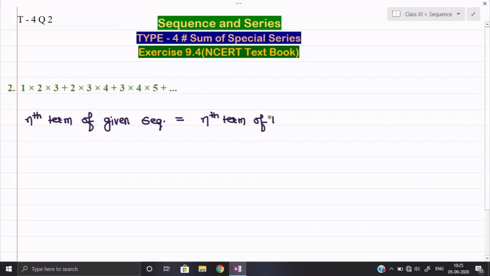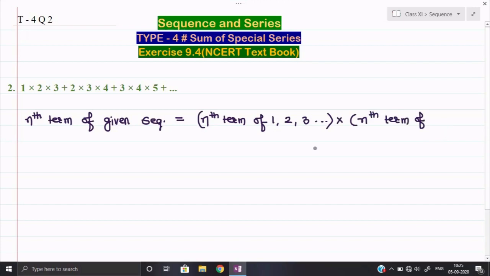Now here you observe three terms are given: 1 into 2 into 3, 2 into 3 into 4, 3 into 4 into 5. So actually we have the multiplication of three terms. So I am taking the first term: 1, 2, 3, and so on. Similarly, now I am taking the middle term, the second term, so into the nth term of the second term.